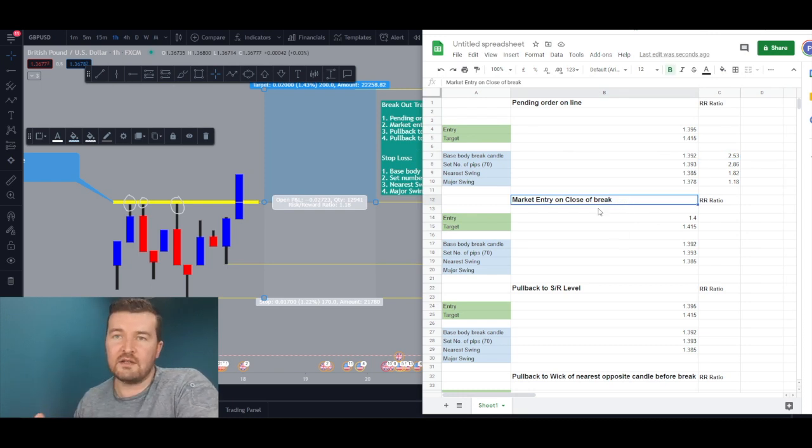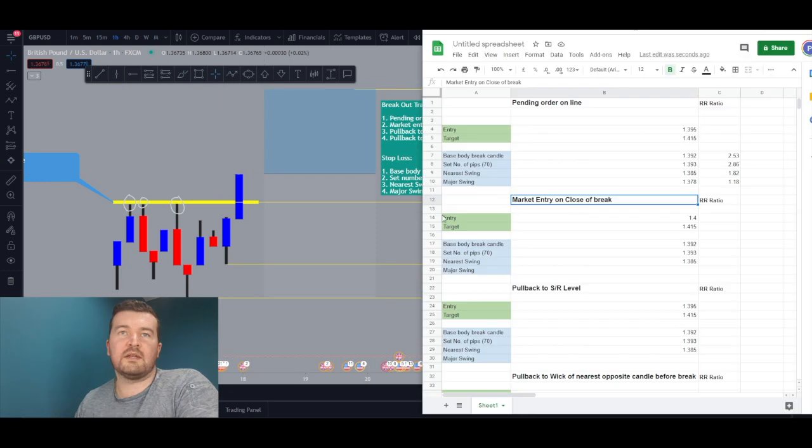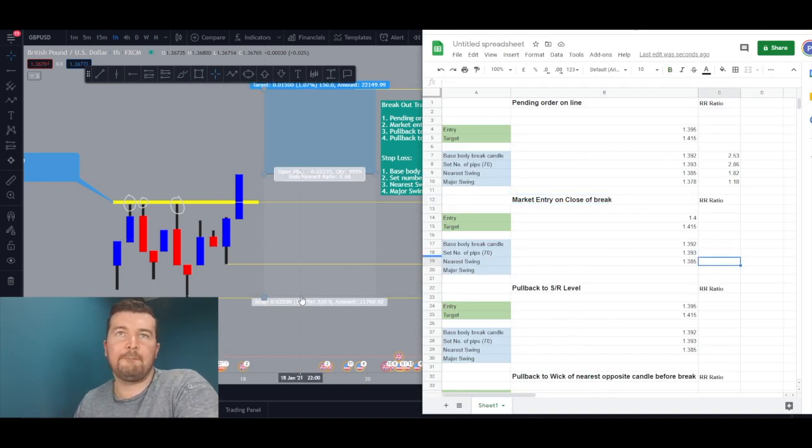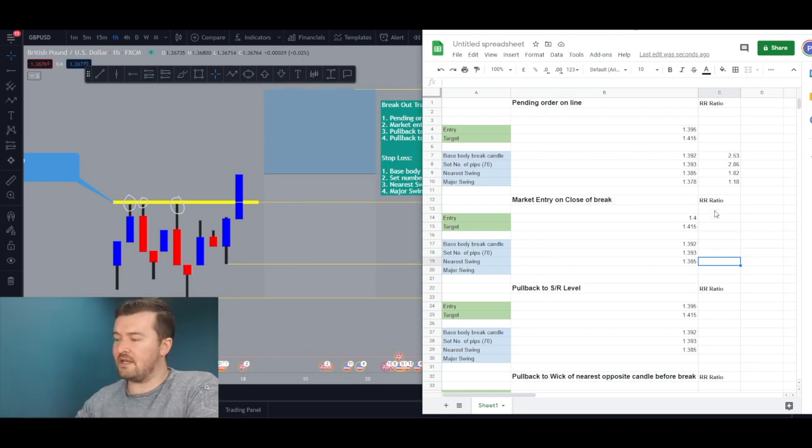So let's look at a market entry on the close of the break. Okay, so how does that adjust and how does that affect our risk reward ratio? So we're going to move our entry to up here. Okay, so working backwards because it's a bit easier. The major swing is 0.68. The nearest swing is 0.94.